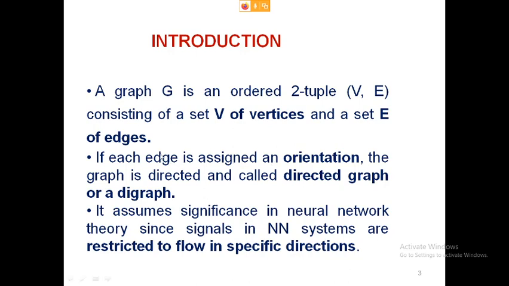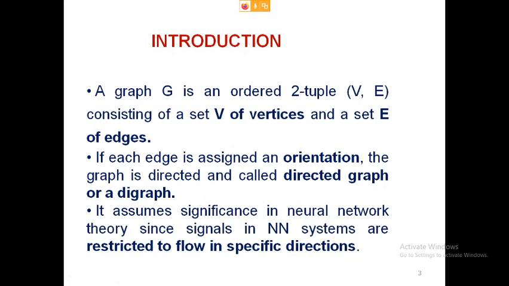Whenever we assign some direction or orientation to these edges, it is similar to the connection links between the vertices or nodes. In neural network theory, signals in neural network systems are restricted to flow in specific directions.